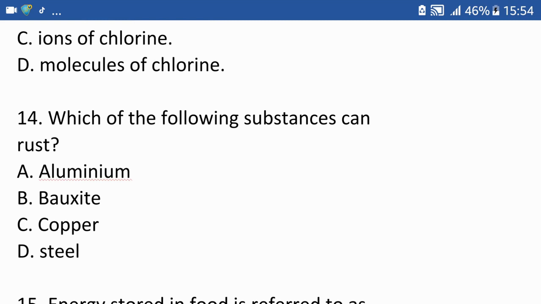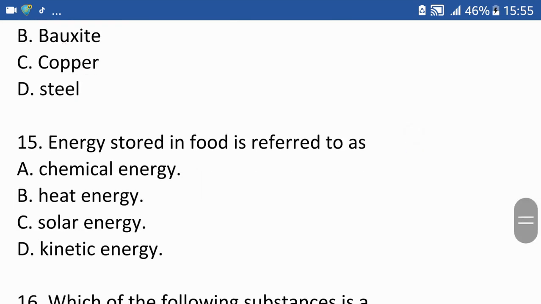Fifteen, energy stored in food is referred to as.